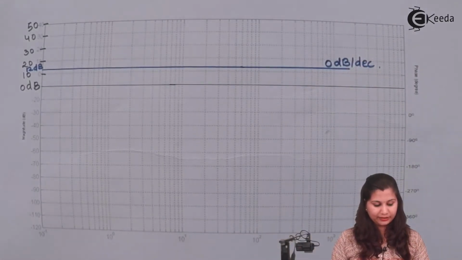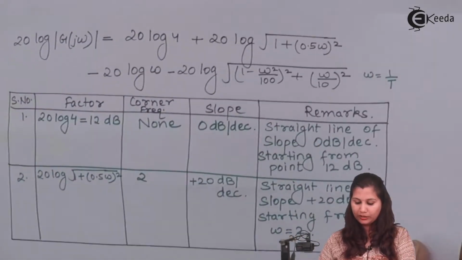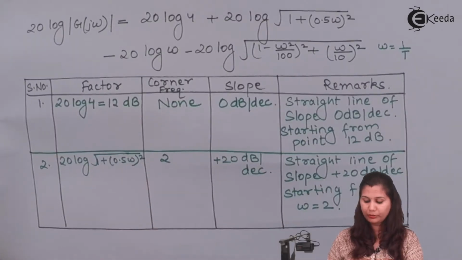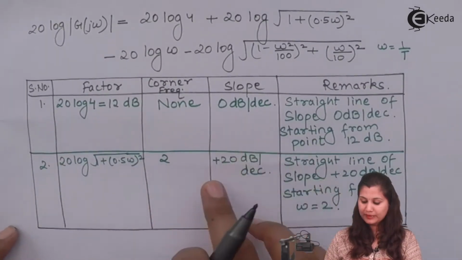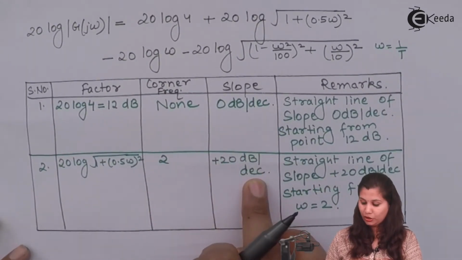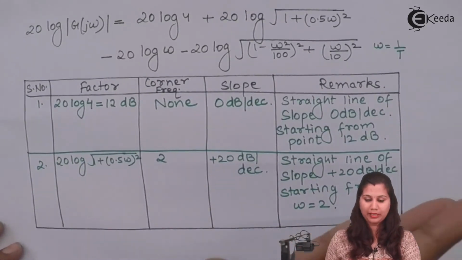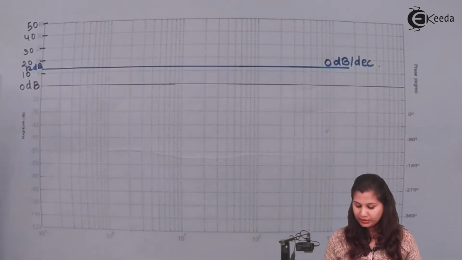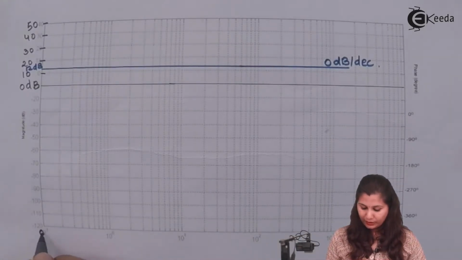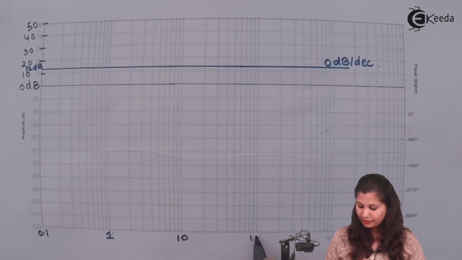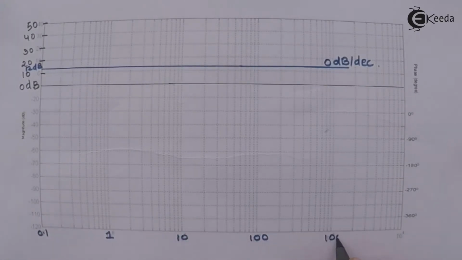Now our next factor is 20 log under root of 1 plus 0.5 omega square. It has the corner frequency 2 and slope is plus 20 dB per decade. So it will start from omega equals to 2 and slope will be plus 20. So this is 0.1, this is 1, this is 10, 100, 1000. This x-axis is showing the frequency.